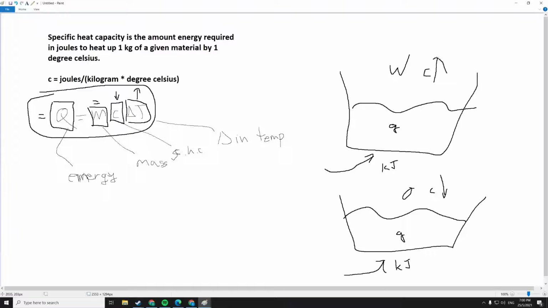So if we have a higher specific heat capacity, what we're saying is that you need to put more energy into water to heat it up, and so the delta T is lower. Whilst for oil, because you don't need as much energy to increase its temperature, the speed at which the particles are moving, delta T is higher.